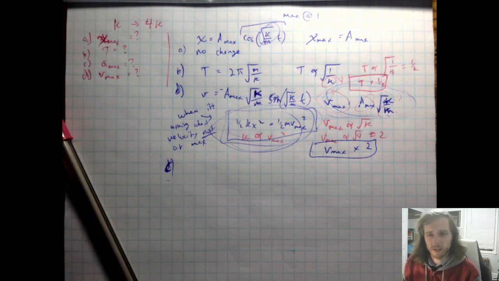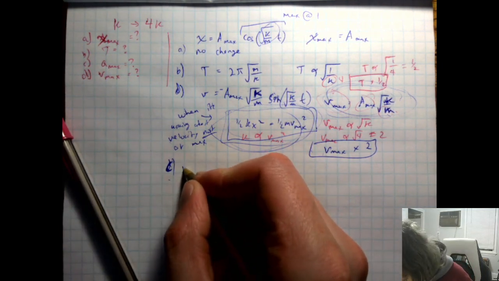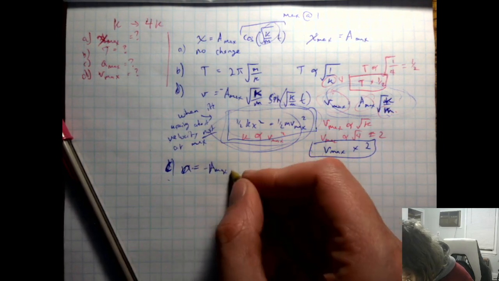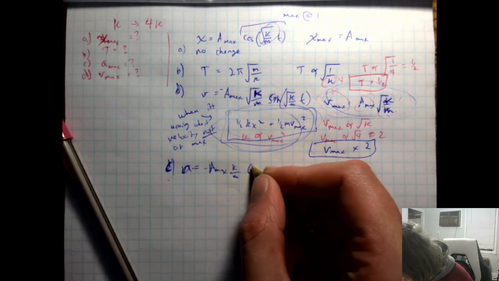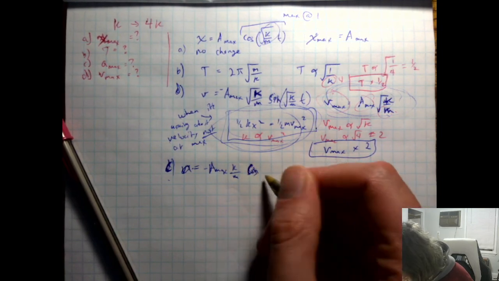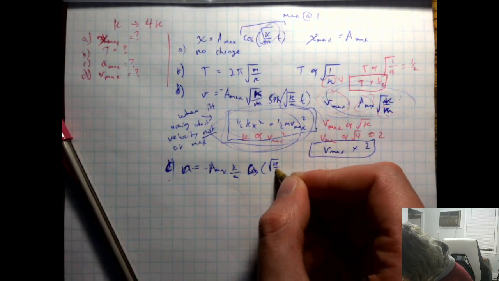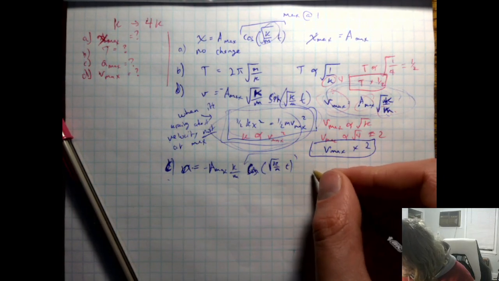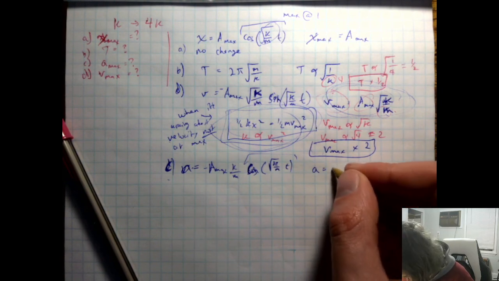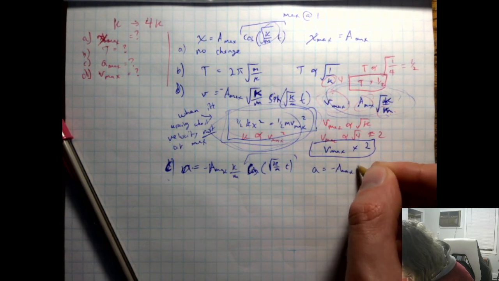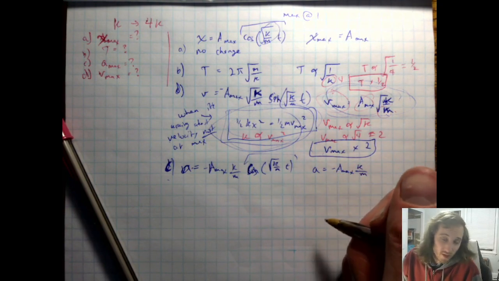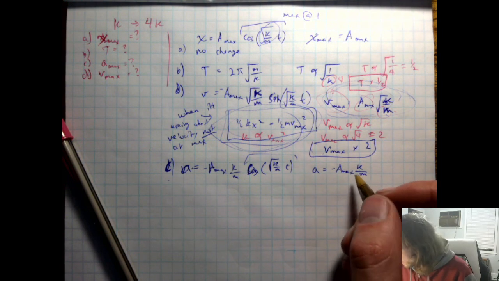So you could just use proportionality off the force equation, or you can use our new equations and approach it as acceleration is equal to negative A max times K over M times the cosine of root K over M times T. You're again finding it when your cosine is equal to 1, which means that your acceleration will be equal to negative A max times K over M. This is what you get from the force equation as well, so it's just sort of one step away from using it with forces.